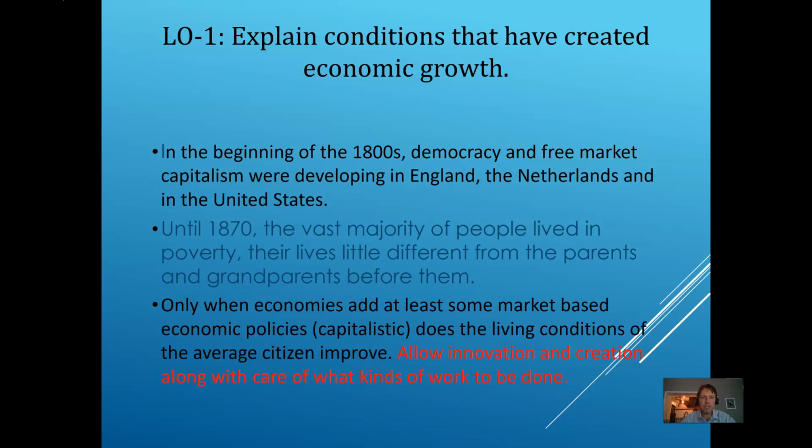As market-based economies became more normal, and there was an expansion of the kind of goods and services being distributed and kinds of jobs that people could hold, there was a lot more upward mobility, and the average life of citizens improved, and innovation and creation really help to spur opportunities that did not exist. And they're fostered under a capitalistic market in ways that they don't seem to be under other kinds of market.